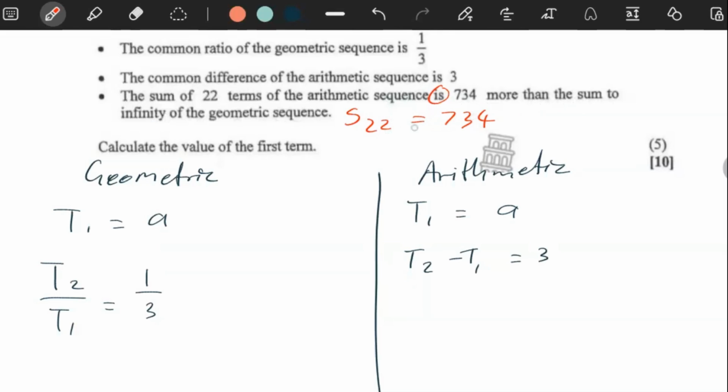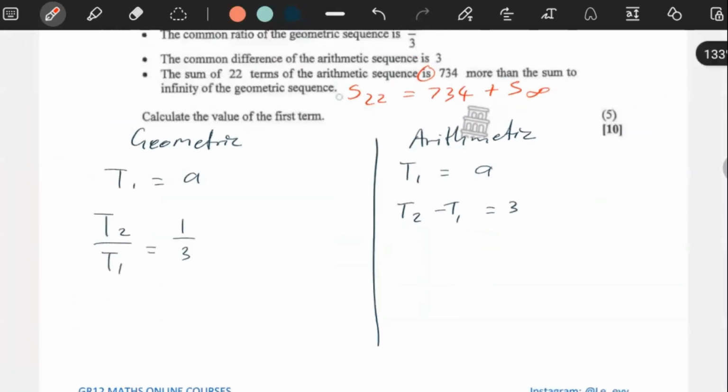So it means it is equal to 734 plus the sum to infinity of your geometric sequence. If you read again, the sum of the first 22 terms of the arithmetic sequence is equal to 734 more than the sum to infinity of a geometric sequence. So whatever number you get here, it is equal to the sum to infinity plus 734. So that's your equation that you can use to calculate what they're asking here.